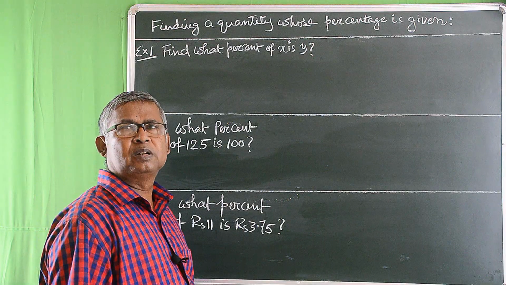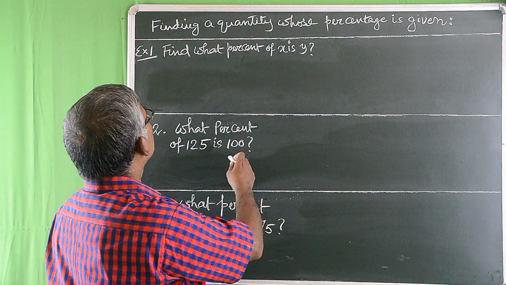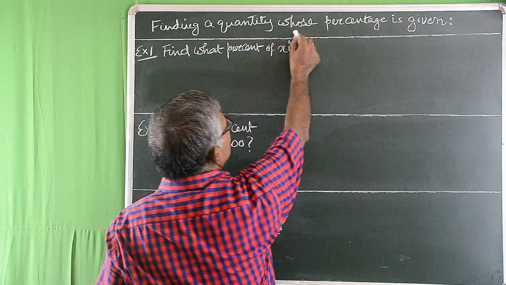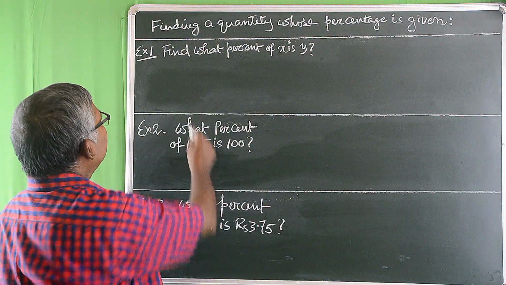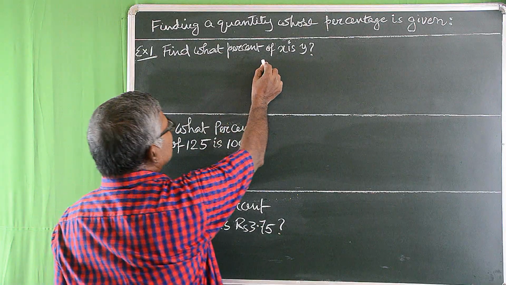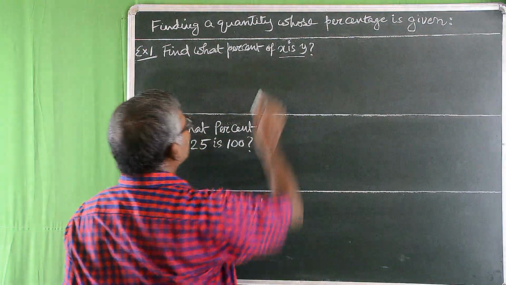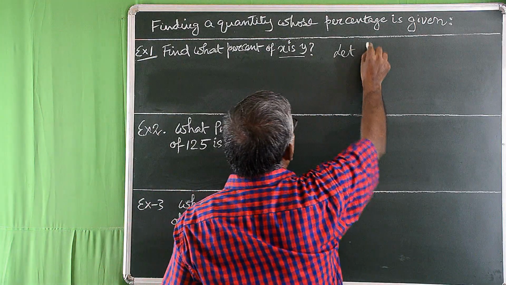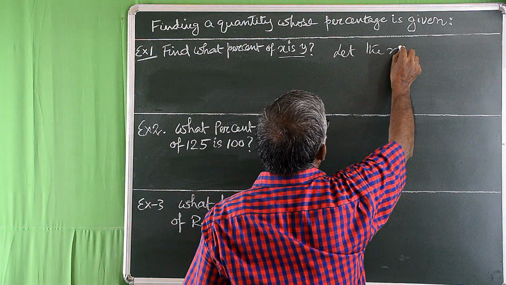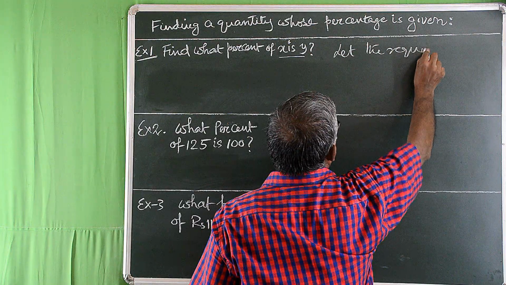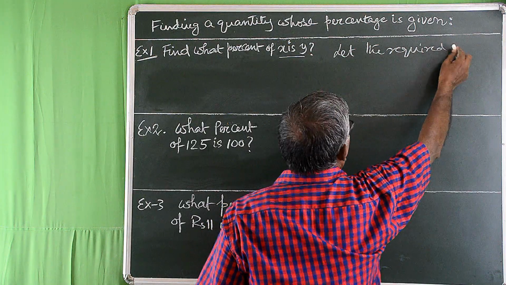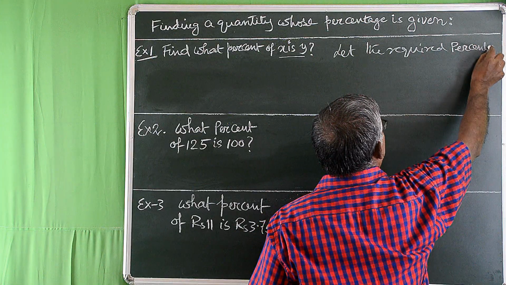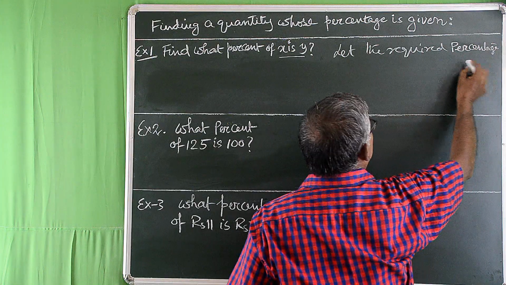Students, let us consider the second type of problem: finding a quantity whose percentage is given. Find what percent of x is y. Let the required percentage equal k.